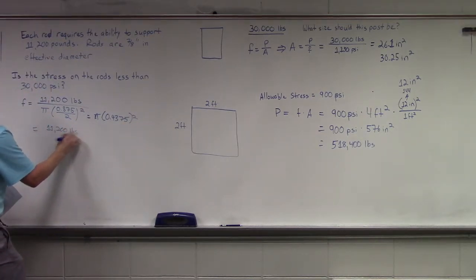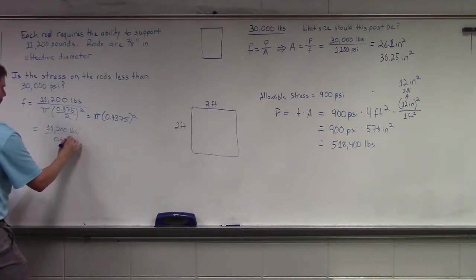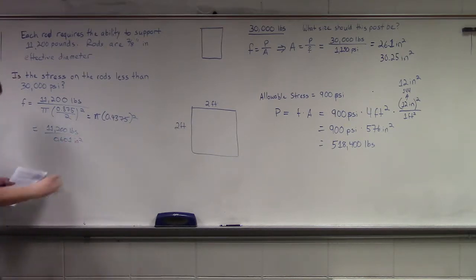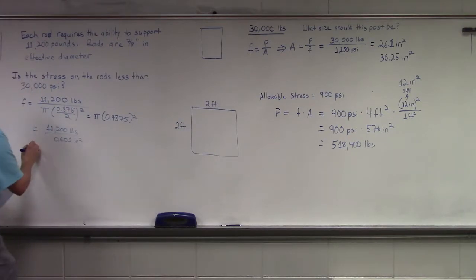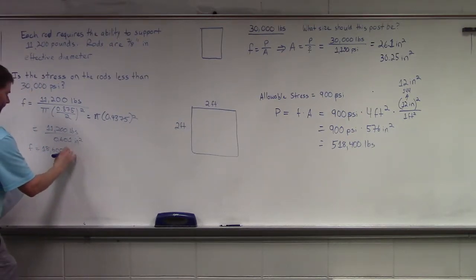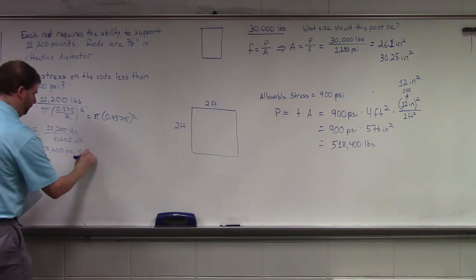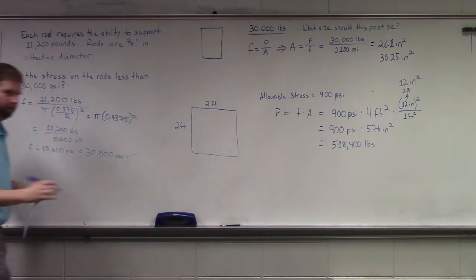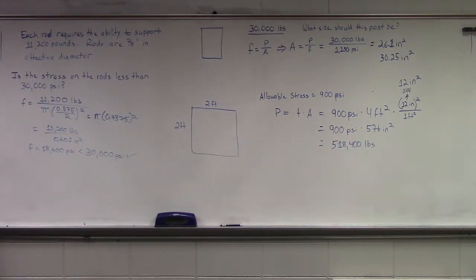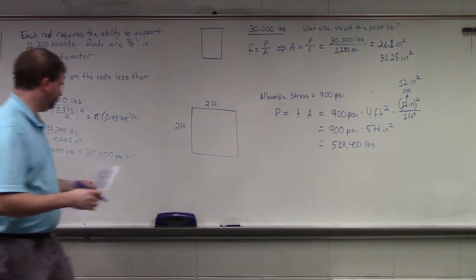So 11,200 divided by 0.6 gives about 18,666 PSI. Well within the range of 30,000. Okay? So 18,600. Good?